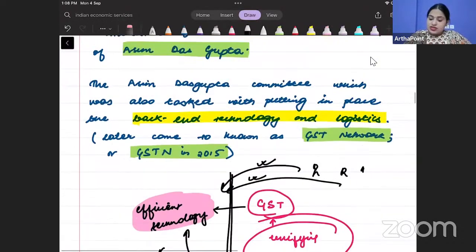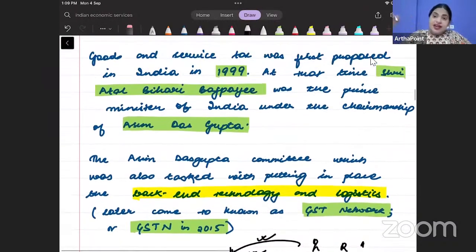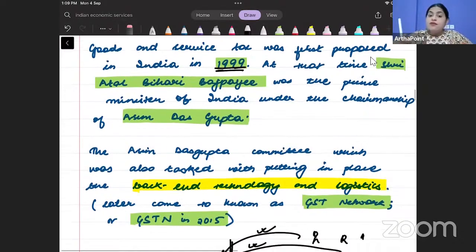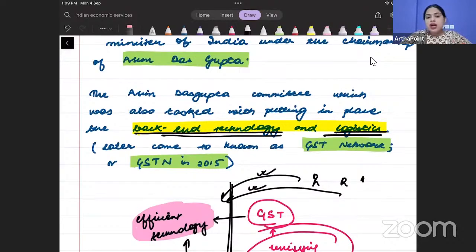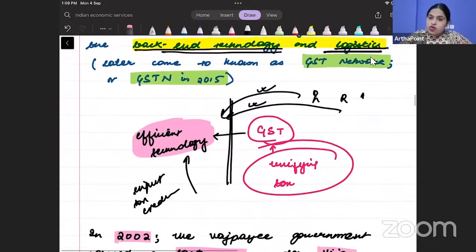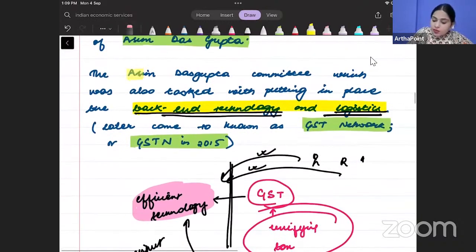So that is what we are saying, that during 1999 only we had this in mind कि एक तो हमें जीएसटी लॉन्च करना है, पर दूसरा उस जीएसटी को चलाने के लिए to run efficiently that tax system, we need the back-end technology and logistics also. So we need a good back-end technology and we need good logistics, right? So this is also what the committee was put to do, right?